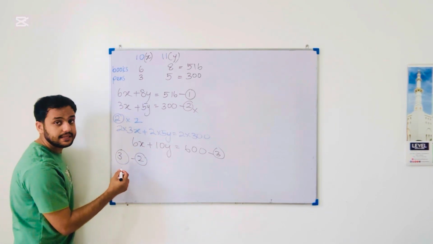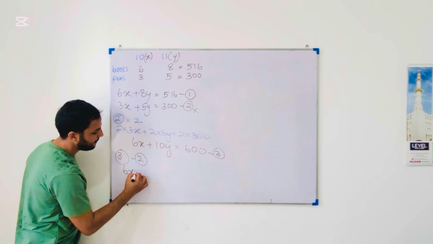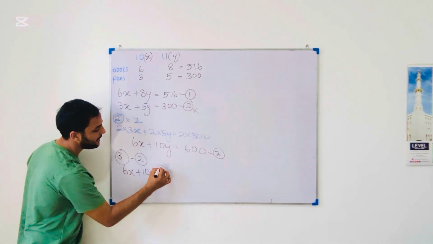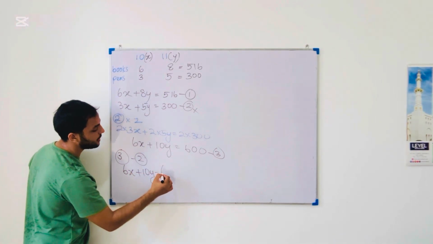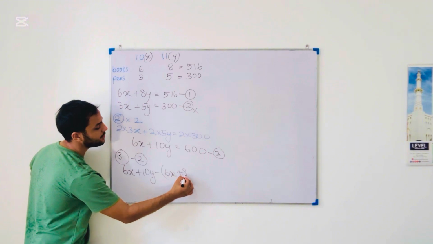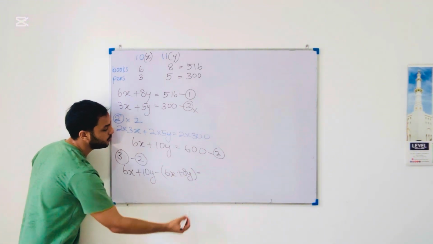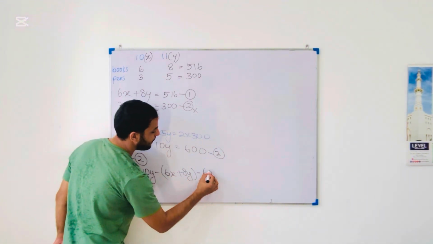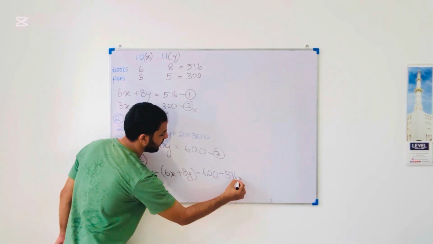On the left hand side, from the third one you have 6X plus 10Y, minus the first one, 6X plus 8Y. That is equal to 600 minus 516.